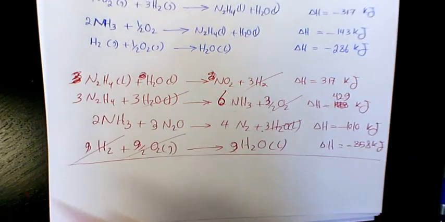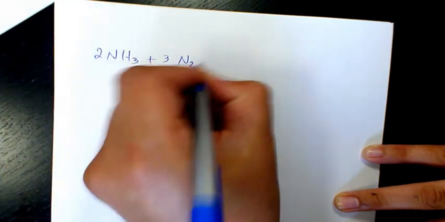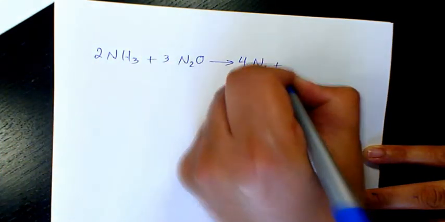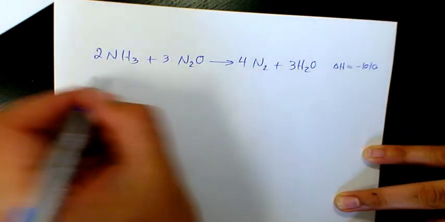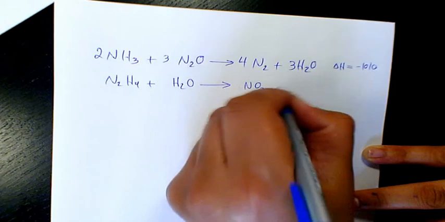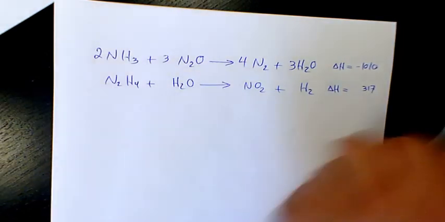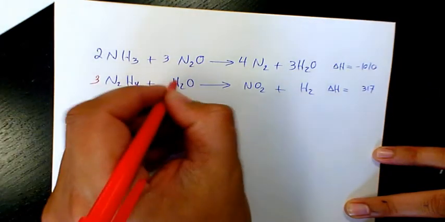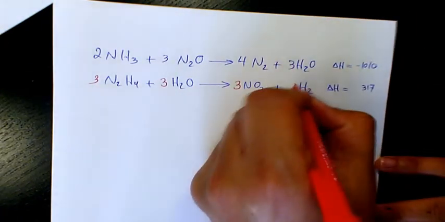Let me write it one more time because it's too messy. So we have 2NH3 plus 3N2O gives 4N2 plus 3H2O. Delta H is negative 1010. We multiplied this equation, 317, by 3, and this one was 3, and it's going to change to 9.